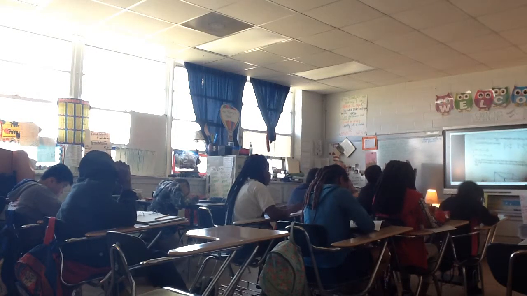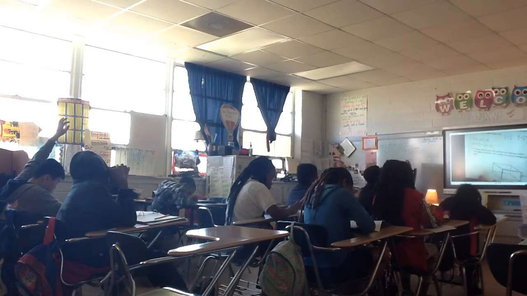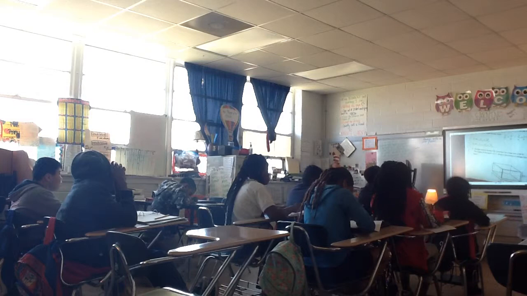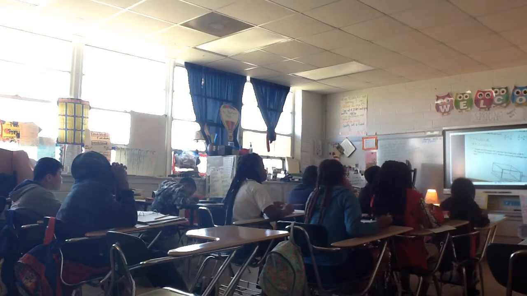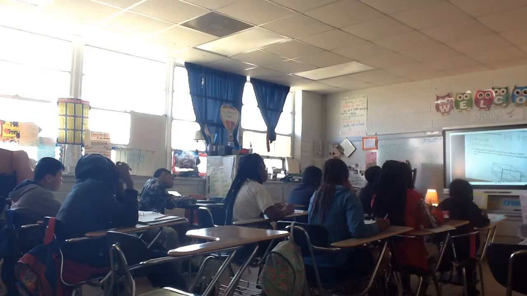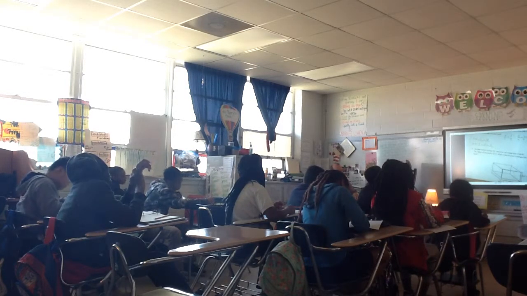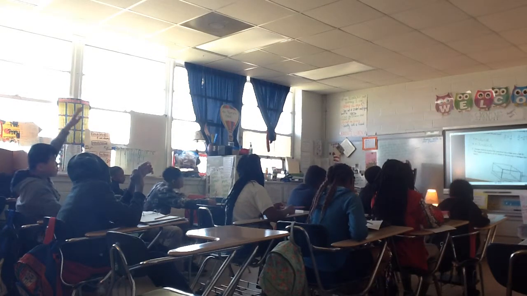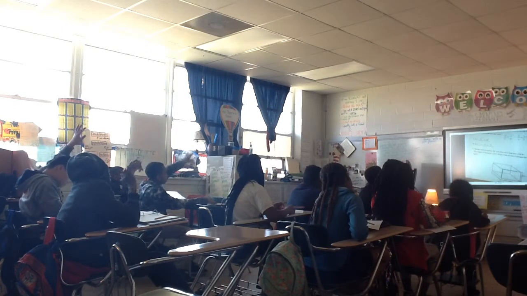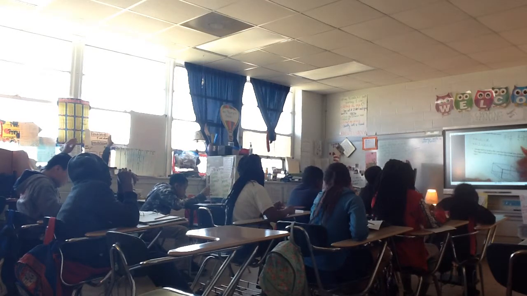Okay, who wants to read number 7? George wants to build a fish tank that has a base area of 45 feet. The height of the tank is 22 feet. What is the volume of George's fish tank? Multiply. So we're doing volume.